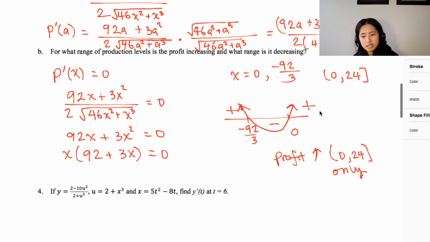So you cannot really say that your profit is decreasing, although it is, because you're changing your sign from positive to negative. Your function is actually decreasing, but because your interval, they're telling you, is between 0 to 24, with 24 included, you can only say that your profit is increasing between this interval. So you can't really say anything about the negative 92 over 3.